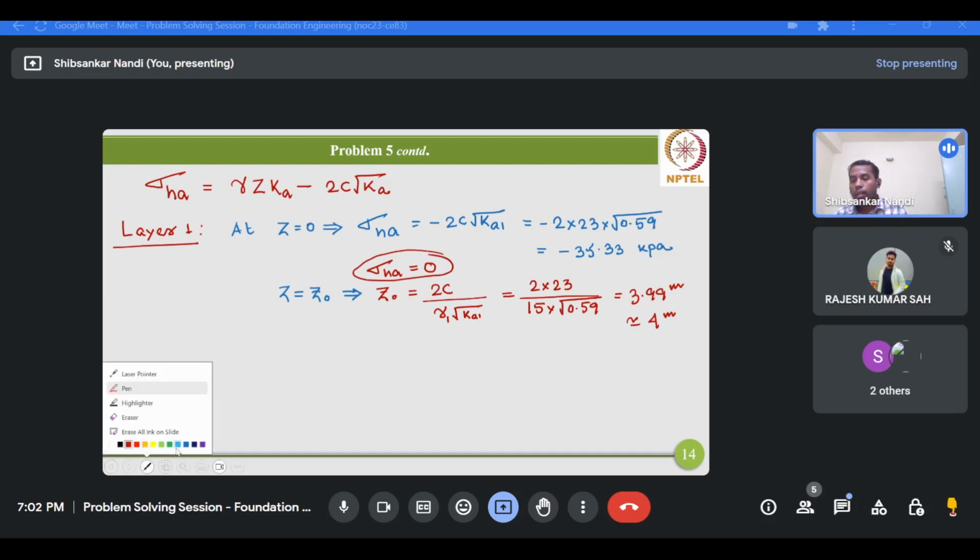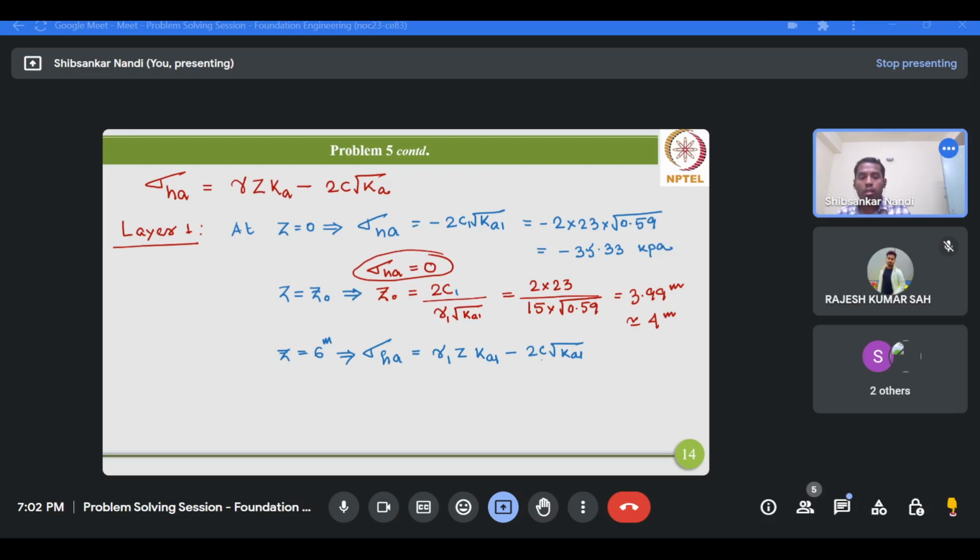Now we'll calculate the active earth pressure at the interface, that is Z equals 6 meter. What will be the active earth pressure at the interface? This will be gamma 1 Z into Ka1 minus 2C1 root under Ka1. You can use C1 because we are considering only layer 1 right now.